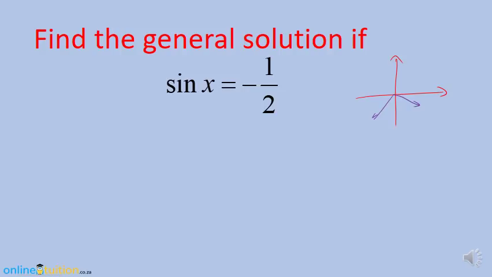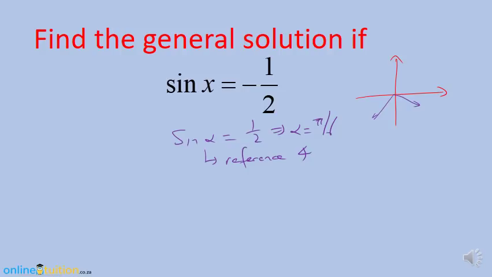So let's look at the case where sine x is positive. I'm using the alpha, and the reason for that is alpha is what I would like to call a reference angle. Now from the previous slide, we know that alpha must be pi by 6. Sine alpha equal to half, so alpha must be pi by 6. Now we look at where sine is negative.